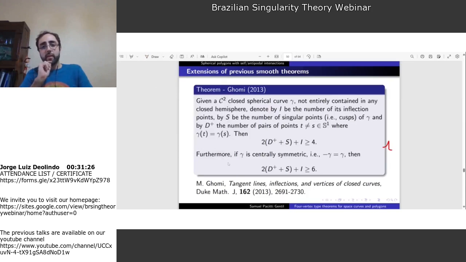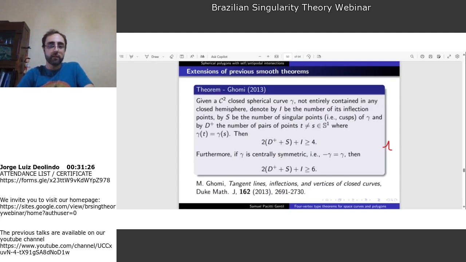And notice that this is an extension of Sagra's original theorem. Sagra's original theorem is the case where the curve is regular, so S equals 0, and since Sagra's result is about simple curves, this number here will be 0. So if this is 0, this is 0, then we get again Sagra's original theorem.